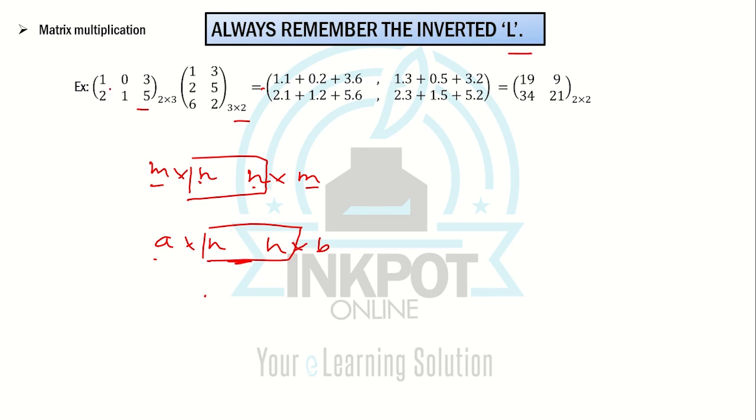Now, why I said the inverted L needs to be understood is because if you look at it, an inverted L will look like this, right? So you go row wise and then you go column wise. So the first matrix you consider the row, the second matrix you consider the column, and you essentially just multiply the corresponding elements.